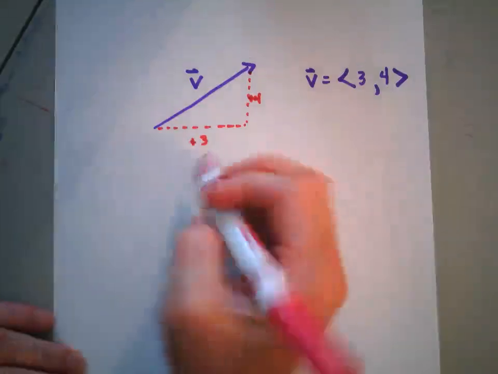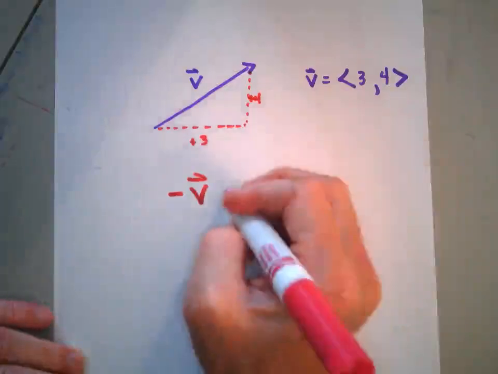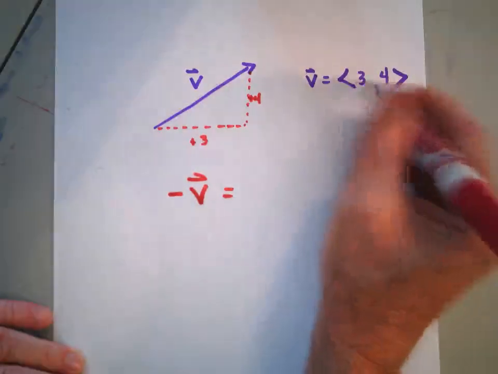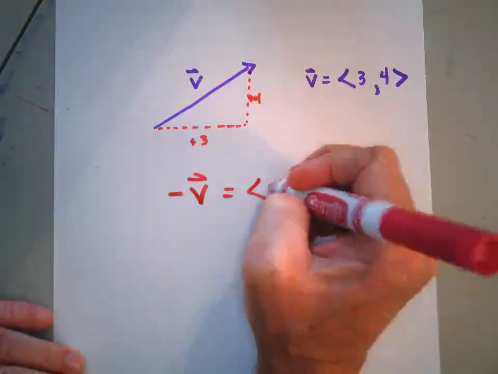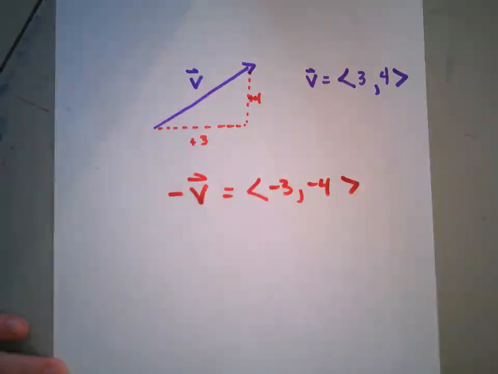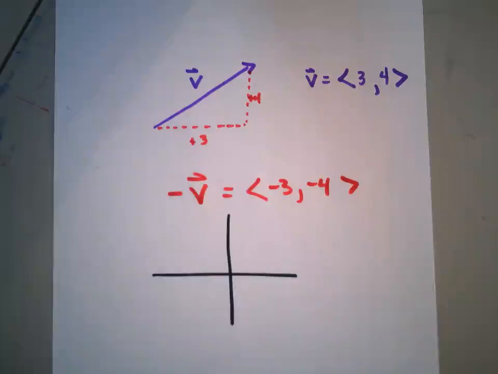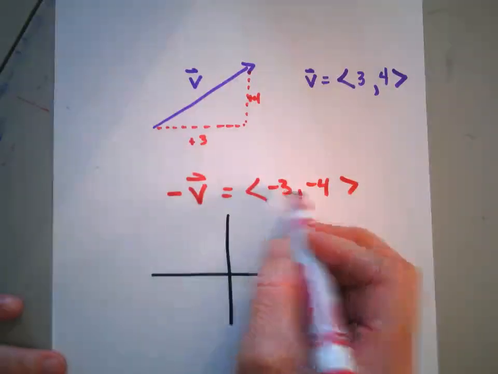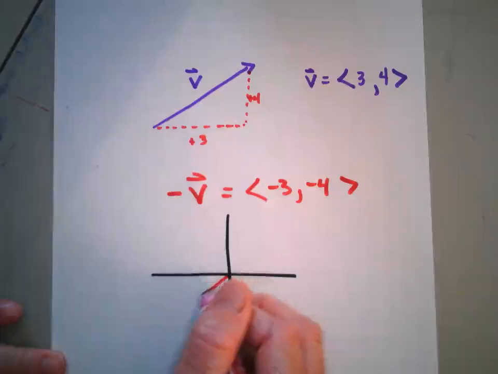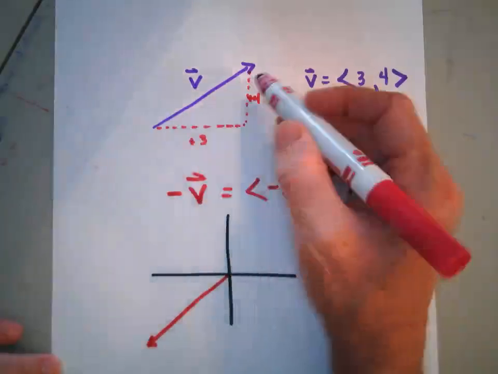So if we negate V, our numbers are going to negate and become -3, -4. And since our vectors, for what we understand, come from the origin, we would then go left 3 and down 4, so that vector will be coming down to the left rather than going up to the right.